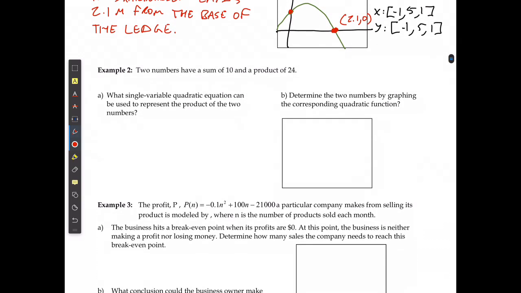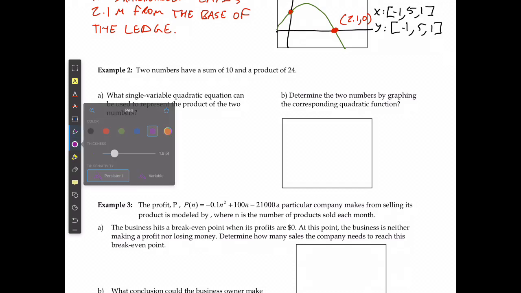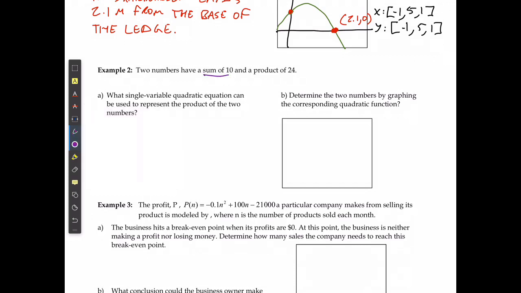For example 2, two numbers have a sum of 10 and a product of 24. Well, if two numbers have a sum of 10, I could say that x plus the other number is equal to 10, which means that the other number is going to equal, sorry, backwards, 10 minus x.